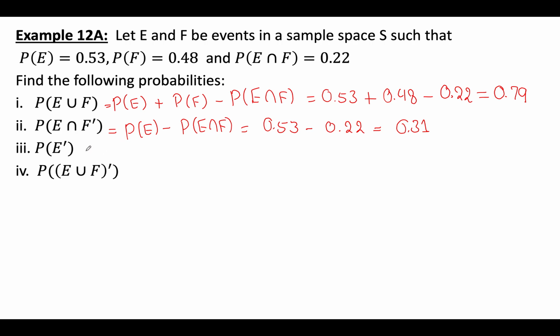How about the probability of E complement? We say that the probability of E complement is 1 minus the probability of E, which is equal to 1 minus 0.53, and we got 0.47.